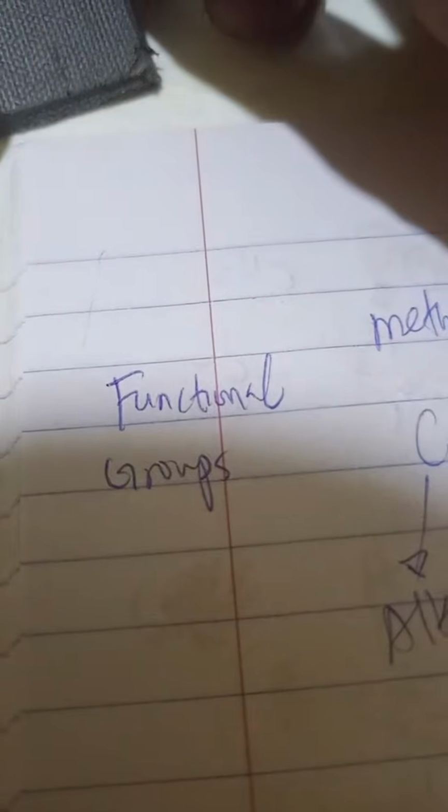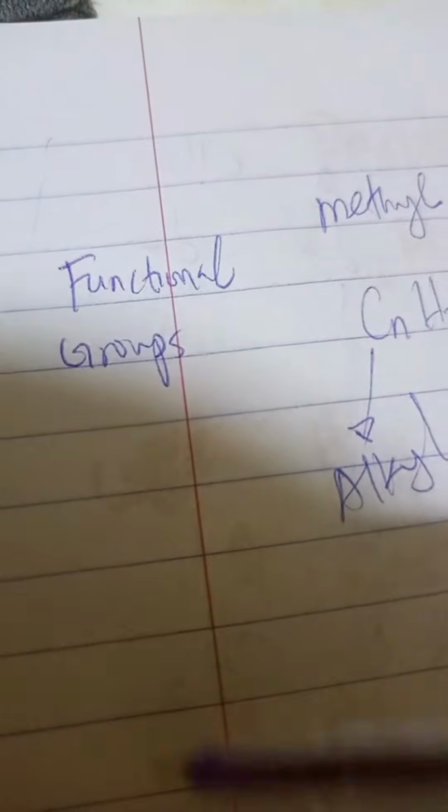Now, for functional groups: a functional group is a group of atoms or a radical that helps you determine the property of a particular organic compound. It is an atom, radical or bond common to every homologous series, and it determines the chemical properties of that series.